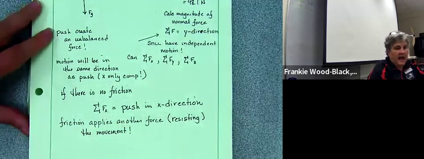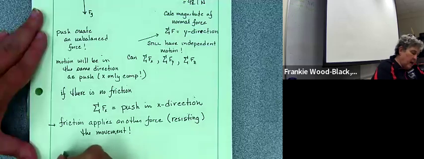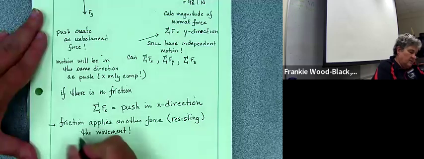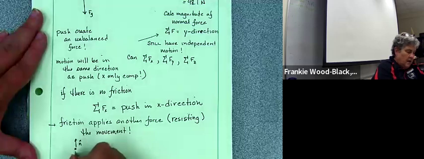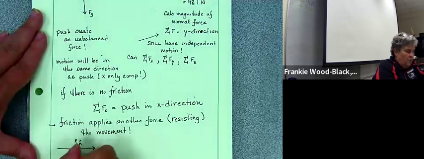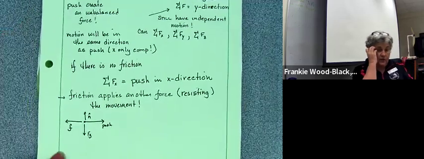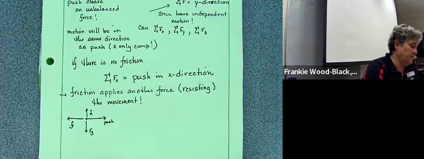So now I've got to add that. So if I've got friction, now my free body diagram would look like this. I've got my normal force. I have my force due to gravity. I have my push. And then I have a resistive force that we're going to call my force due to friction. And we're going to use a script F for my force due to friction.